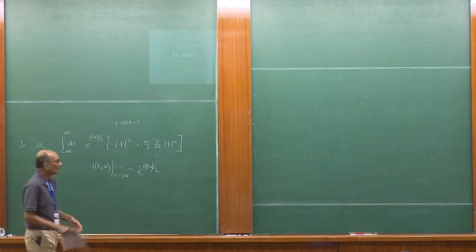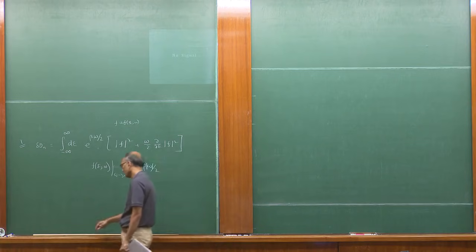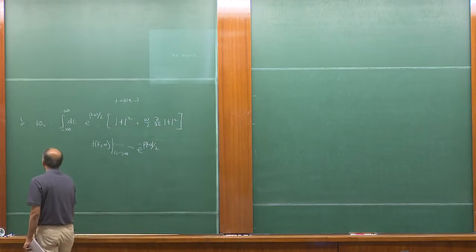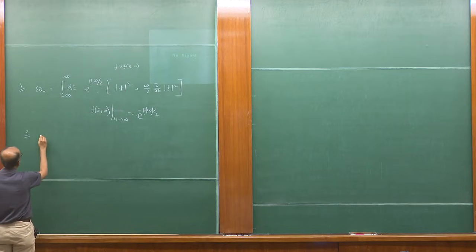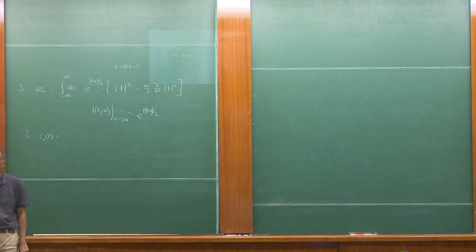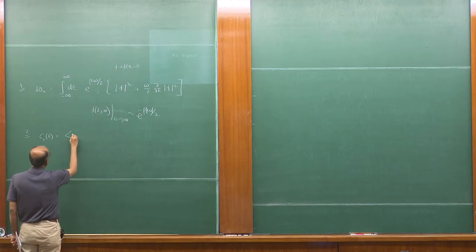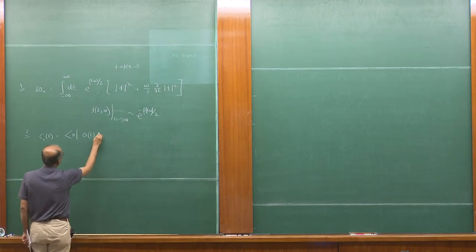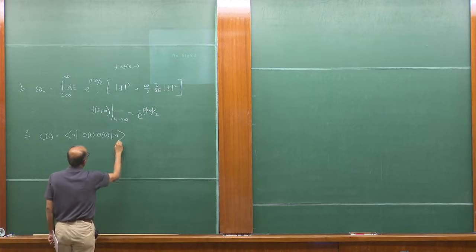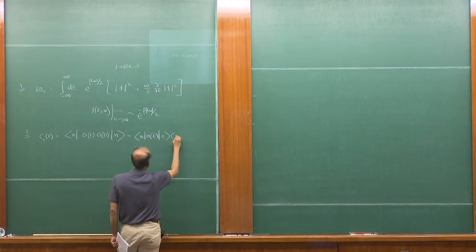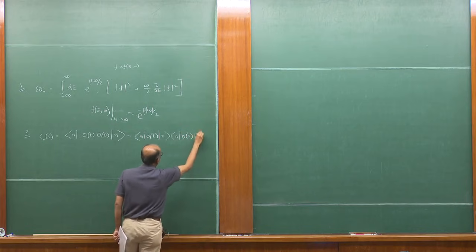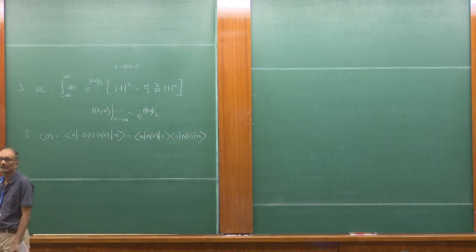But now I want to do an unequal time correlator, and that can be written as something like C of t, C_O of t, which means that it's a correlation function of the operator O, but it's an unequal time correlator. That's the connected unequal time correlator.